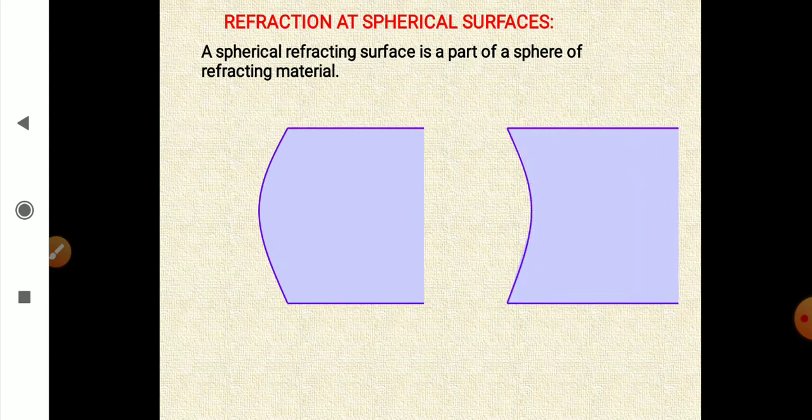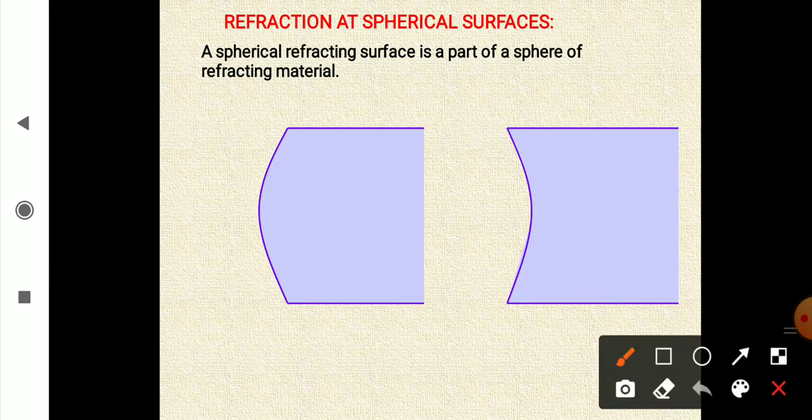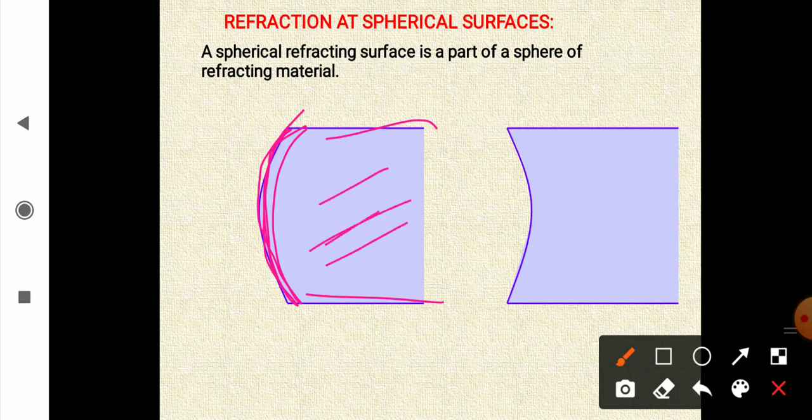See, a spherical surface is somewhat like a part of a sphere, like this is a spherical part, and on this side the medium is continuous. This is your denser medium, and this is also a part of a sphere only, concave, and this is the denser medium.